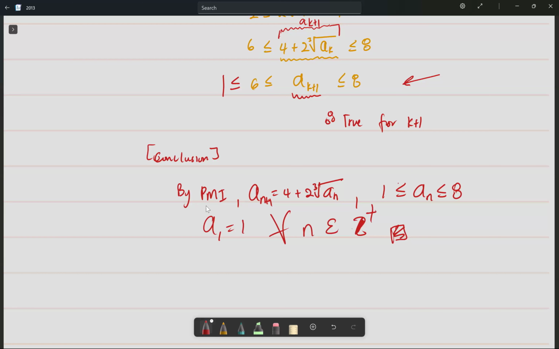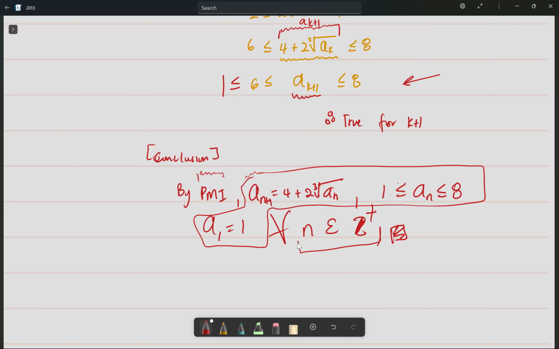So this is me writing a conclusion. I need to tell them by PMI, so the way that I did it, the statement that they gave us, so they gave us all 3 of these things, and tell them the range that you're allowed to go in for. n is in the set of positive integers.